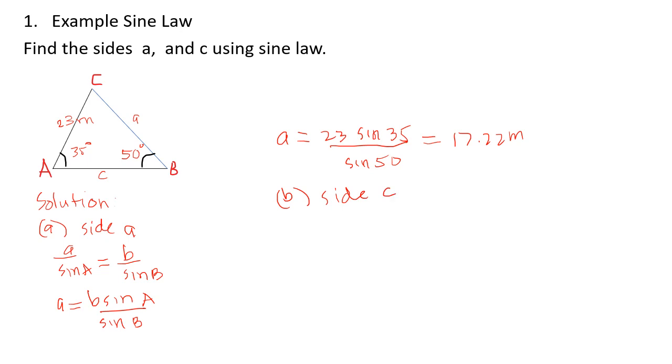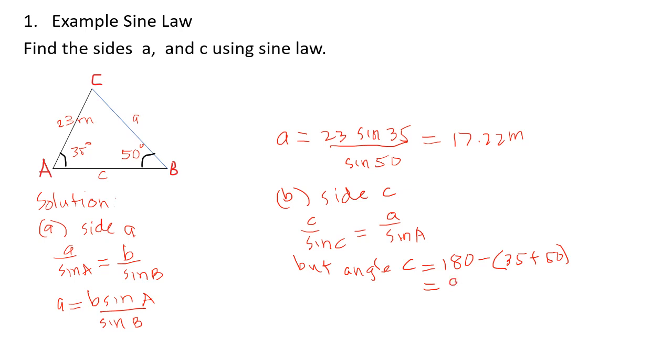So c over sine C equals a over sine A. But angle C equals 180 minus 35 plus 50, equivalent to 95 degrees.